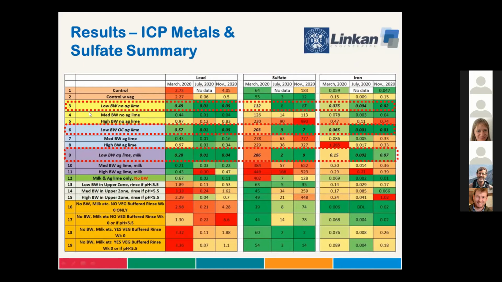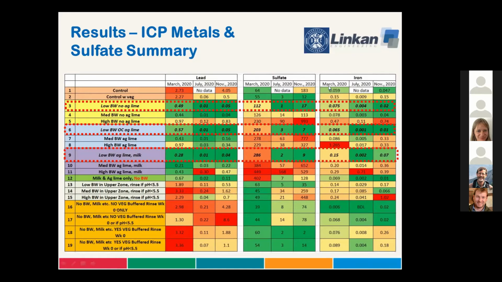So here's where the distinctions start to emerge. The two controls, numbers 1 and 2, released a lot of lead, 2.7, 2.3 milligrams per liter of lead in the first rinse. And even towards the end of the test, the control is still leaching out 4.1 milligrams per liter of lead.